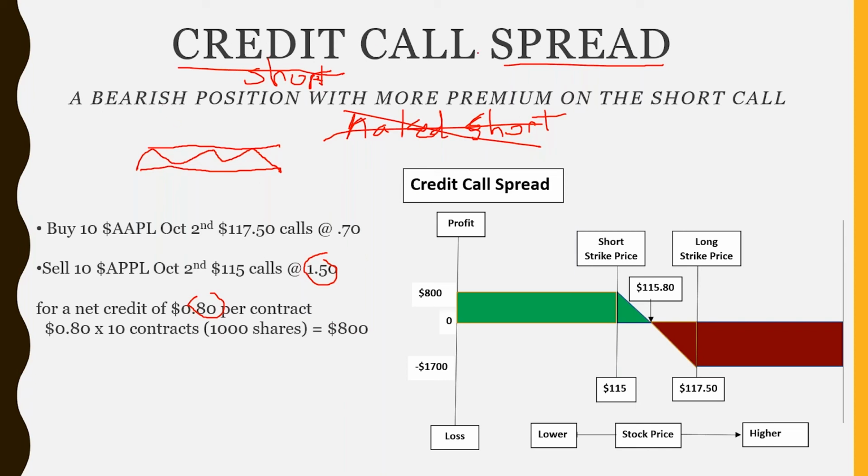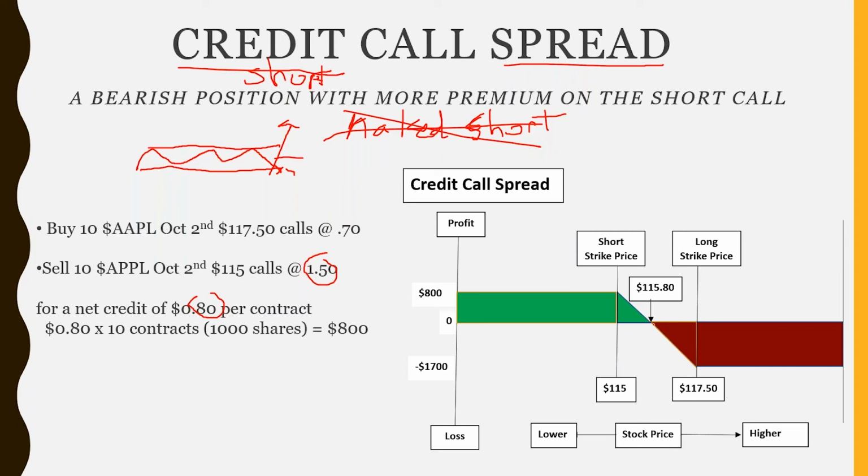Again, if Apple just moves sideways, or a little slightly up or slightly down, then we get to keep the premium. But if it goes against us, goes up in one direction fast, then that's when we lose money.